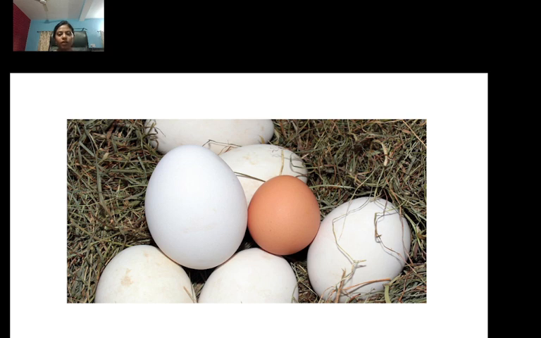This is an egg. Okay, different kinds of eggs. Okay, Suman, here orange and white are there. Yes. Who likes to eat egg? Yes. Good. I also like to eat. Yes. So is it a cell or a group of cells, students? What do you think?